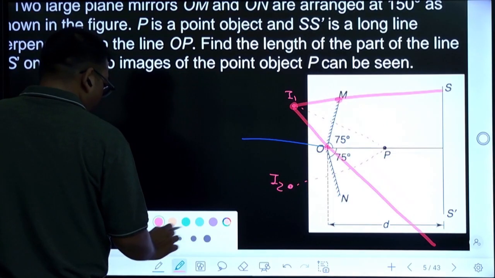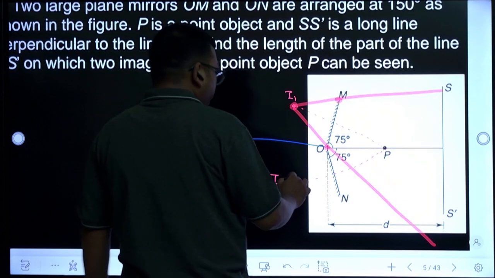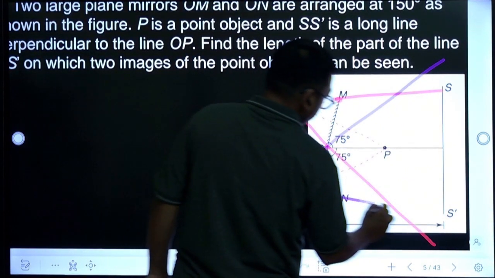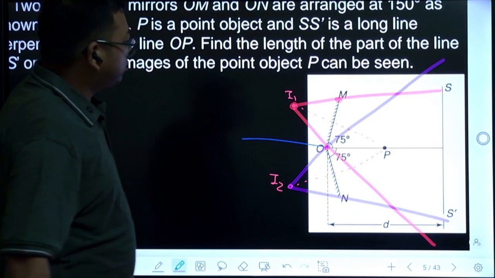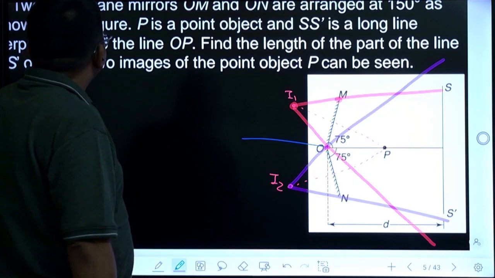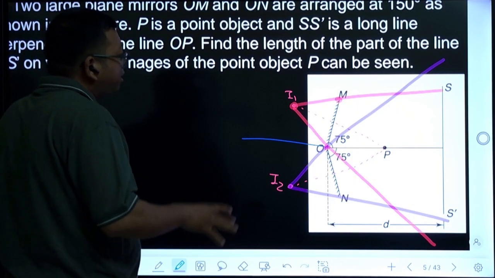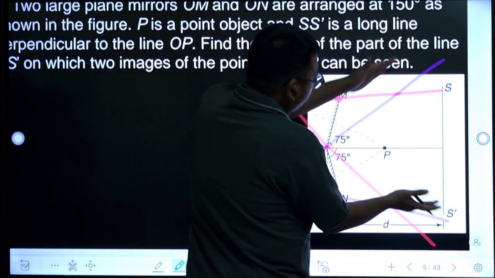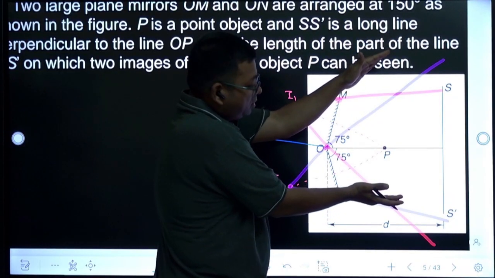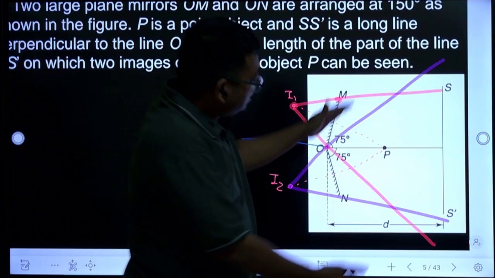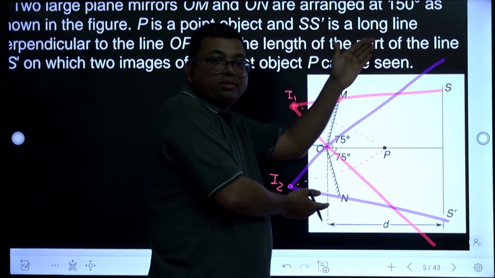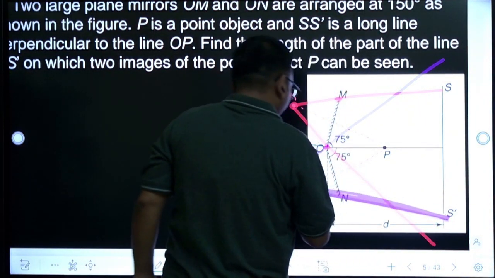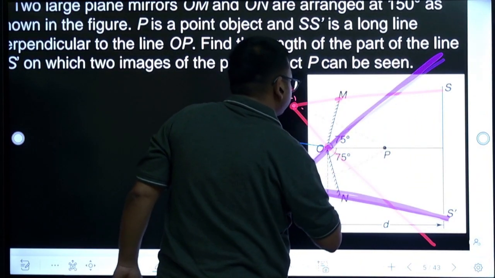Again you try that for the other one. Here with this image we can try to do like this. So that's all. Now they are asking where the point can see both the images. If you want to see this image, you have to be present within this space. I think you are able to visualize the lines which I am drawing, right? So you have to be within this space, within this line.